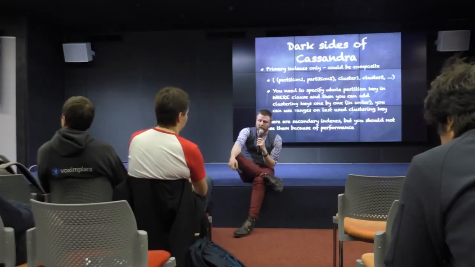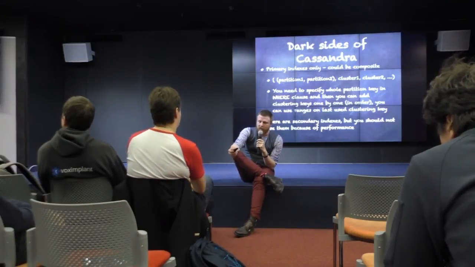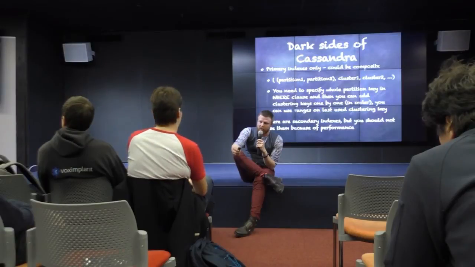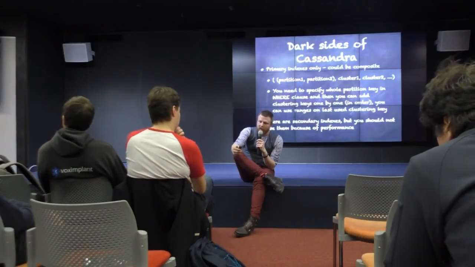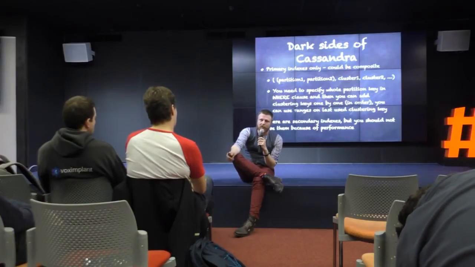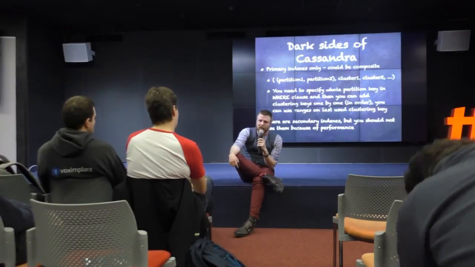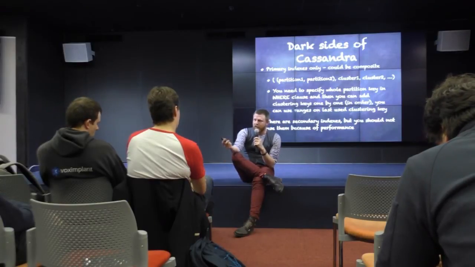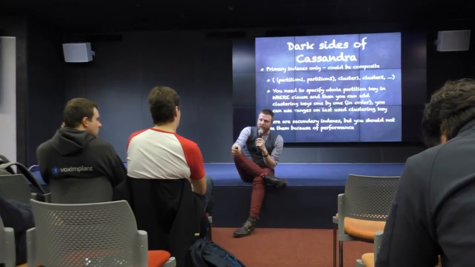So when you end up querying the tables, you need to know what you are querying, and if you have a table of users, which consists of user ID and name, and then you need to find a user by the name of the user, you can't just do that in Cassandra.